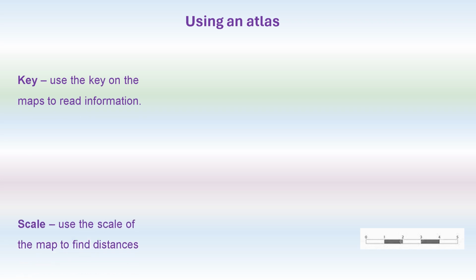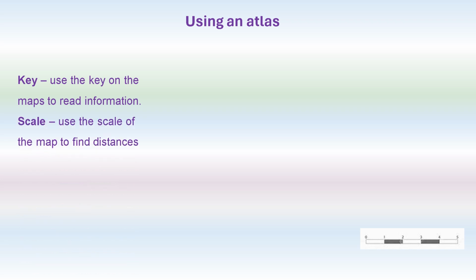Now, using an atlas, there's three most important things you need to know. It has a key. The key basically gives you information on how to read a map. Then you have the scale. An example of the scale you can see at the bottom right-hand corner basically tells you the distance one place is to another.